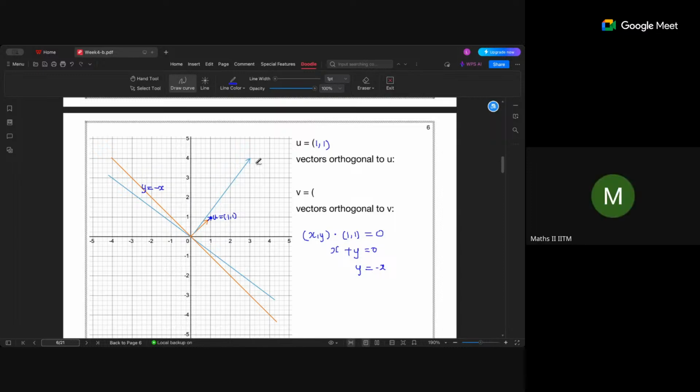Okay. Now let us consider this vector. Let's call this v. What's this vector? (3, 4). Now what are the vectors which are orthogonal to v? (x, y) dot product with (3, 4) should be 0. So you should have 3x plus 4y is equal to 0.